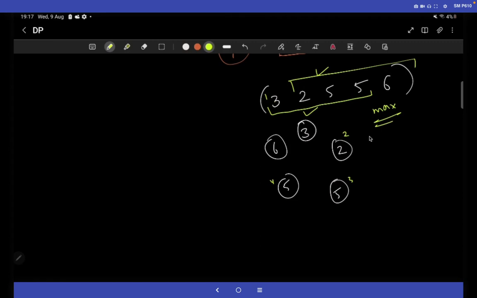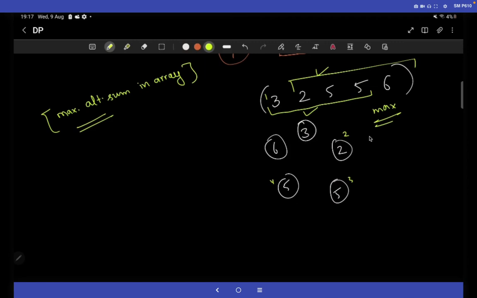So if you see clearly, the problem here is to find the maximum alternate sum in an array. This is the same problem. We cannot take two adjacent elements here, and we need to find the maximum sum also.